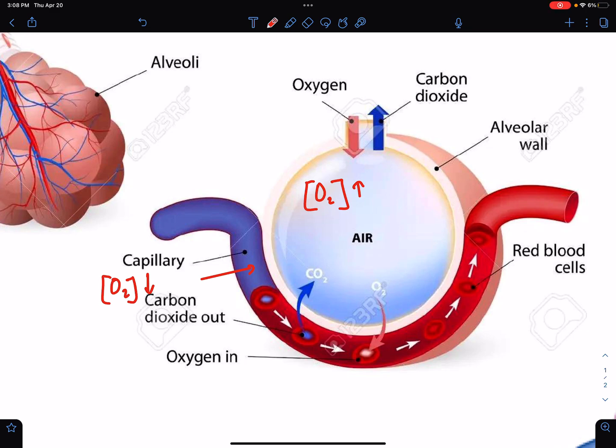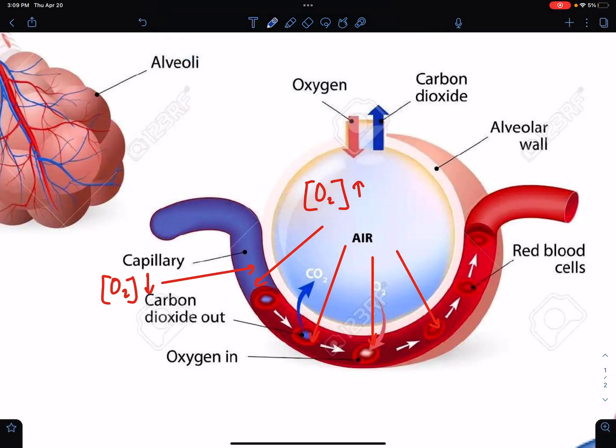So because this airspace has a higher concentration of oxygen than the blood within the capillary, oxygen is going to diffuse down its concentration gradient from the area of high concentration in the air into the area of low concentration, which is in the blood. Okay, running out of time.